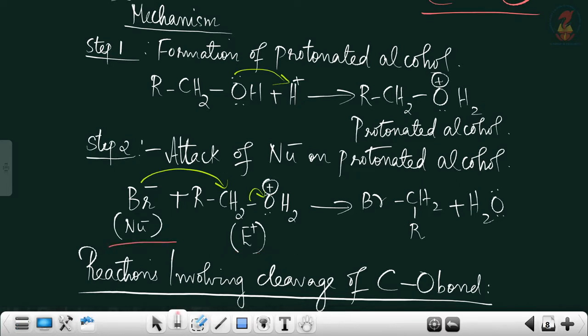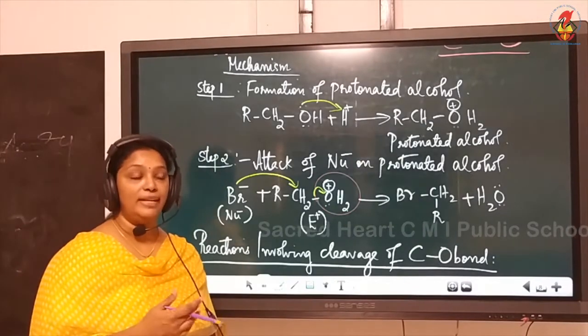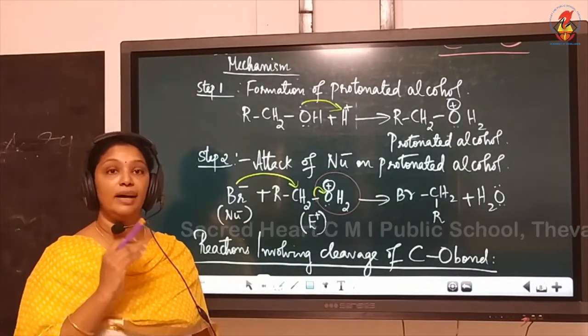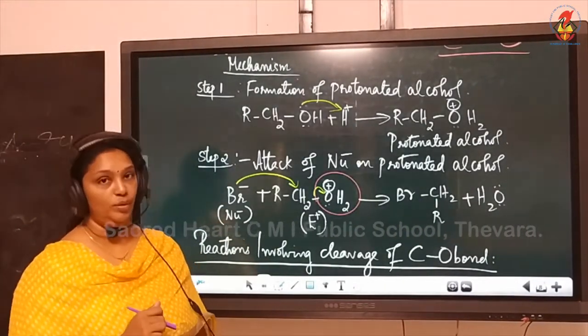It attacks the protonated alcohol and we get a product BrCH2R, and you can see in this reaction the bond between carbon and oxygen in alcohol is broken and the nucleophile is added to the carbon atom, plus H2O is removed. So when alcohols act as electrophiles, the carbon-oxygen bond is broken.